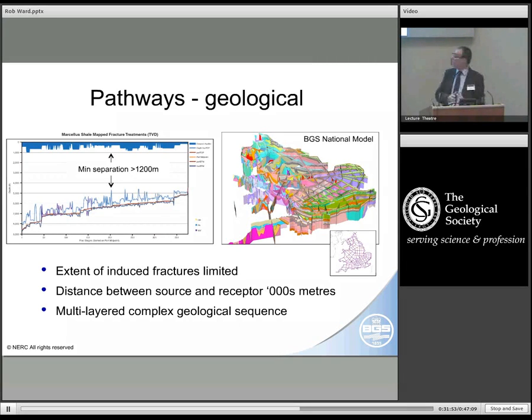And that is a piece of work that's been done jointly between the British Geological Survey and the Environment Agency. But as we've seen already, the extent of the induced fractures vertically is limited, from experience of seeing, and the distance between the source and potential receptors is thousands of metres. But we do have this multi-layer complex geological sequence in between, the properties of which we do need to understand.